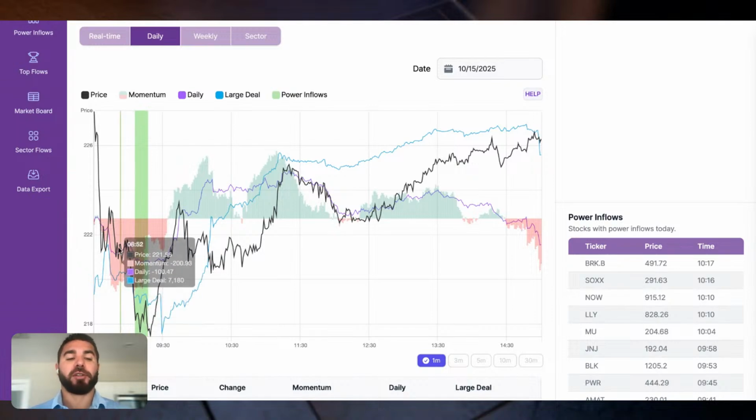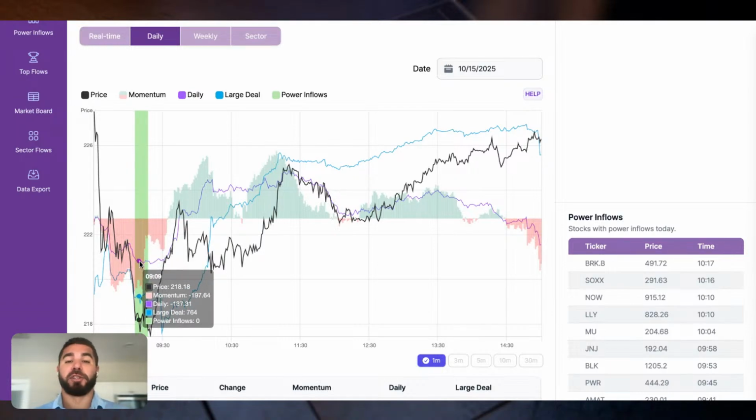You'll also notice the red shade, the retail momentum flow we just talked about. That was pretty thick red, meaning a lot of selling, more selling than buying on the retail side. And same thing with that institutional flow, large deal flow data, the light blue line. You can see how south that was going. So it was a sell-off at the beginning of the day for PGR, in the first hour of trading.